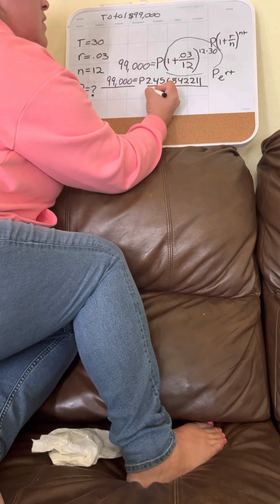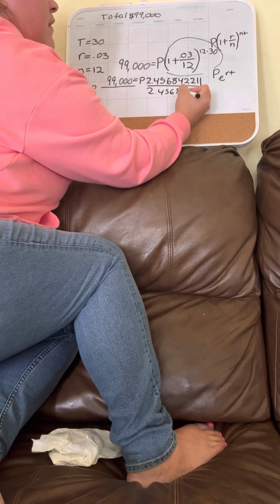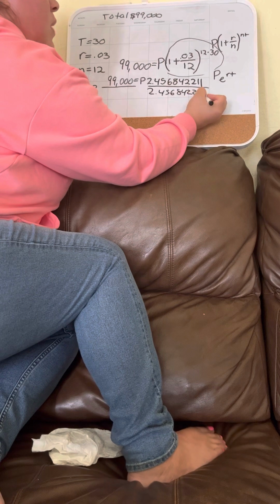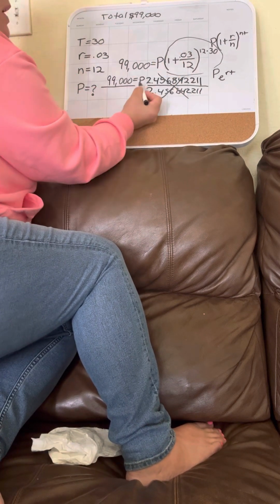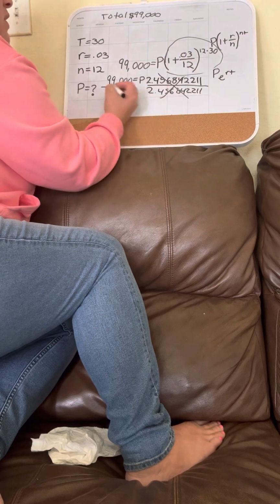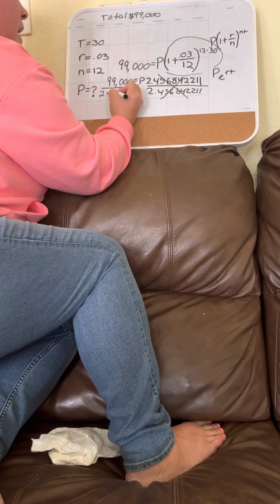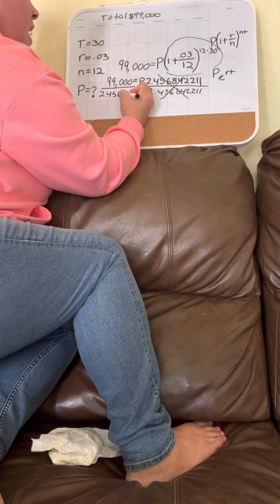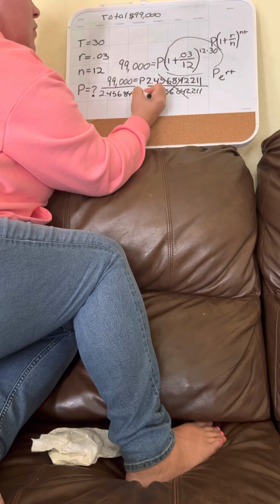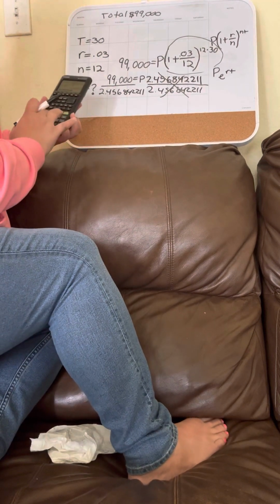So we divide by 2.456842211, and we do the same to this side. This cancels out, so P is left by itself. So once we divide 99,000 by 2.456842211, that's what we have to calculate to solve for P.